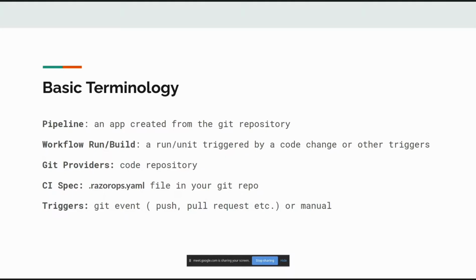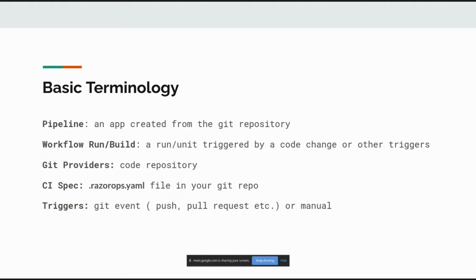A pipeline is generally connected to your Git provider or Git repository, and any code change that you make, the notification will come to the pipeline, and it will keep triggering the things that you want to do. Then next comes the workflow run or a build.